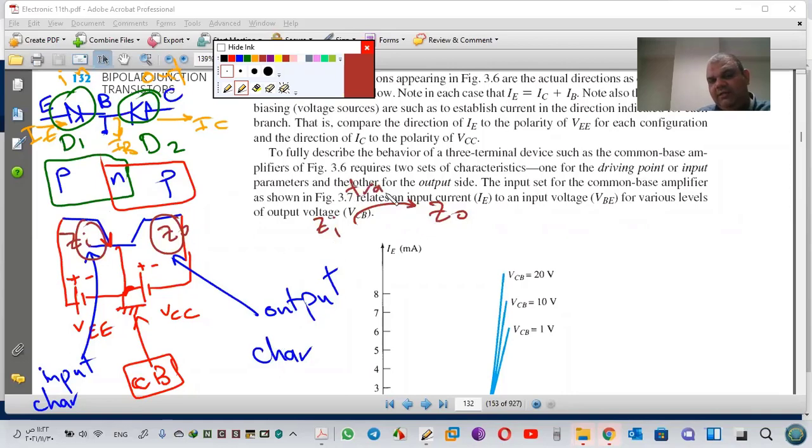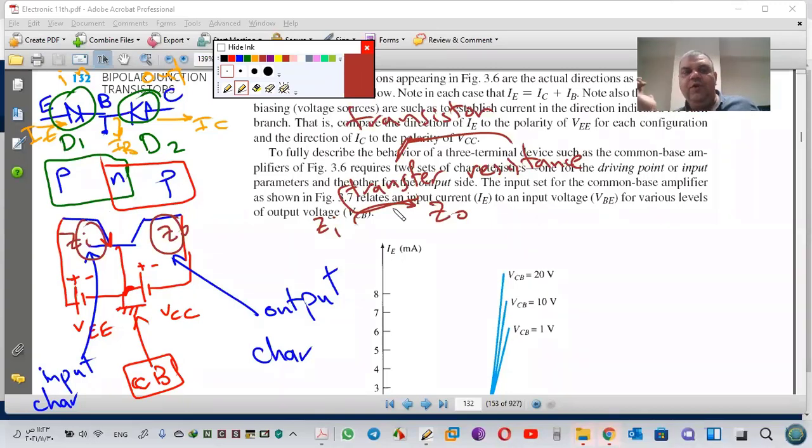Using the transfer resistance, the transistor gives this to me. So I have ZI for input, ZO for output, but ZI is not like ZO. Who did this? The transistor did. So for that reason, transistor came from transfer resistance, change resistance.